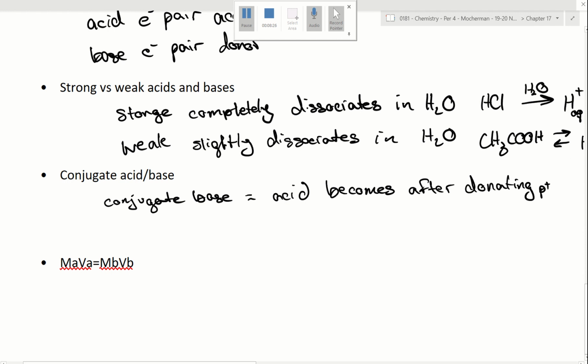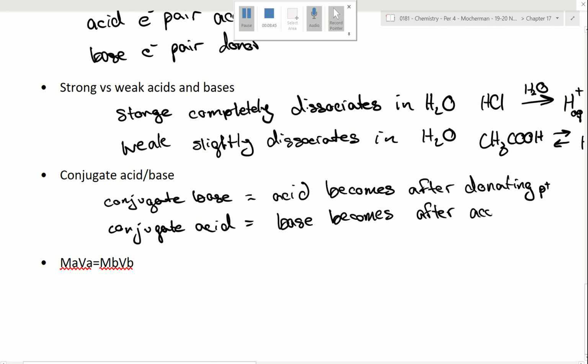And a conjugate acid is what the base becomes after accepting a proton.